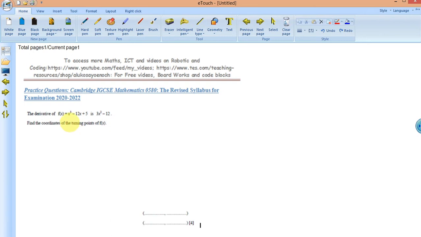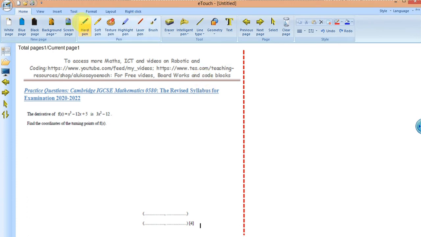The derivative of f of x equals x cubed minus 12x plus 5 is 3x squared minus 12. Find the coordinates of the turning point of the function f of x. Let me go ahead and demarcate. Guys, don't forget that we're already given the derivative, which is the gradient.